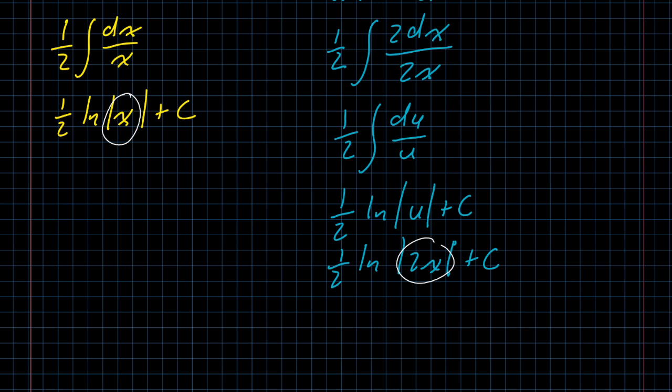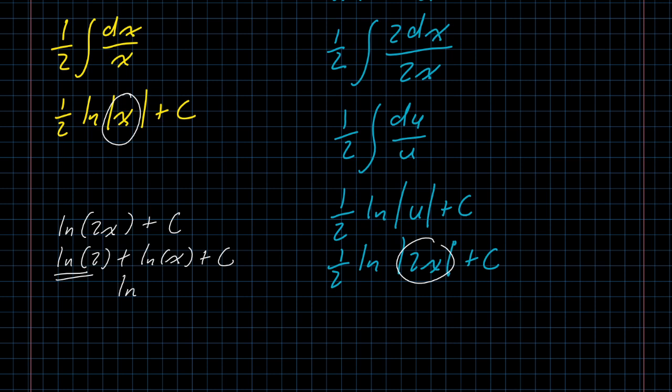Well, keep in mind that the natural log of 2x is the natural log of 2 plus the natural log of x. And so the natural log of 2x plus c is the natural log of 2 plus the natural log of x plus c. And natural log of 2 is just a constant.